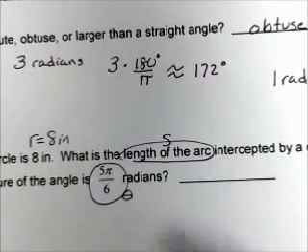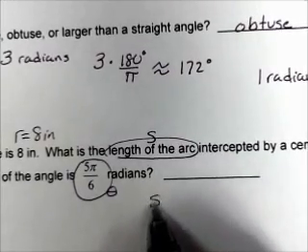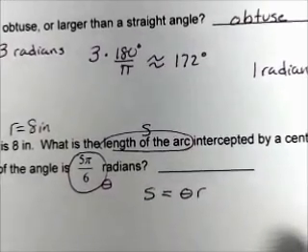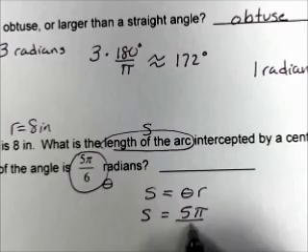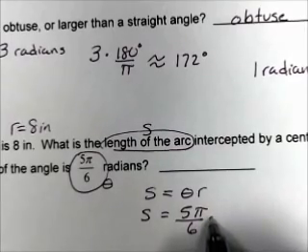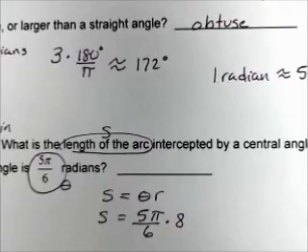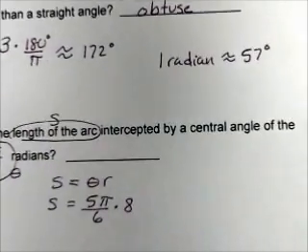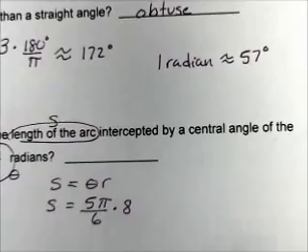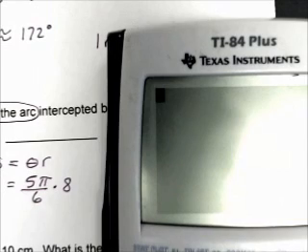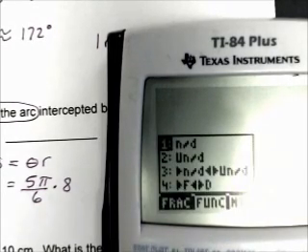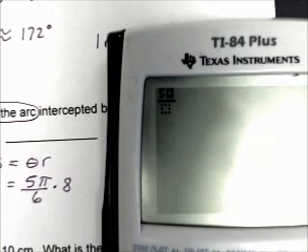So we go to our formula, S equals theta r. Substitute into our formula: S equals 5 pi over 6 times r, which is 8. We'll use a calculator and actually key in pi on the calculator. I think I'm going to use this fraction form: 5 pi over 6 times 8.